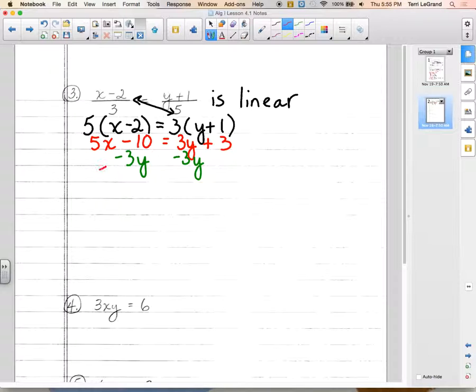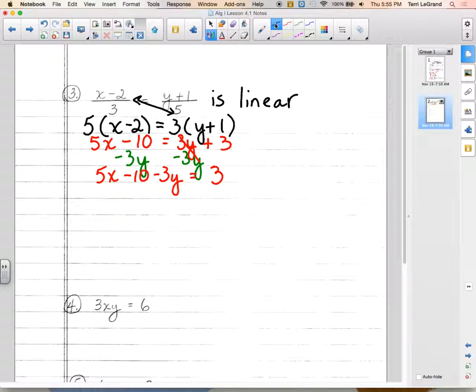And we have 5x, take away 10, take away 3y, because none of those are like terms to be combined, so they have to hang out together like that. And these cancel, and we have just 3 on the right side. So we're getting closer to having it in standard form. Now we need to move that 10 out of there.